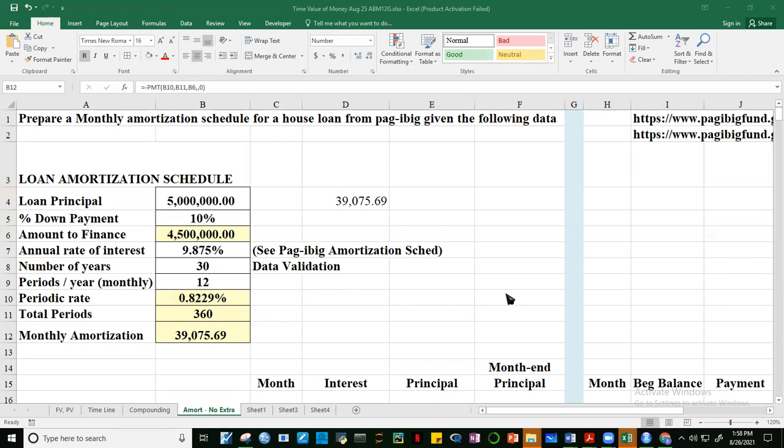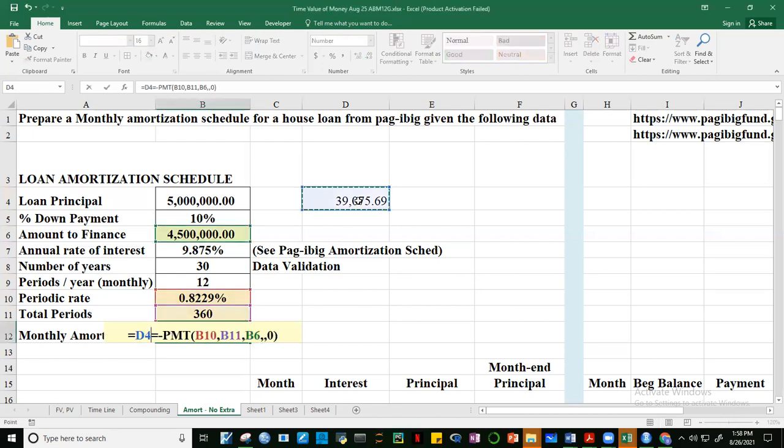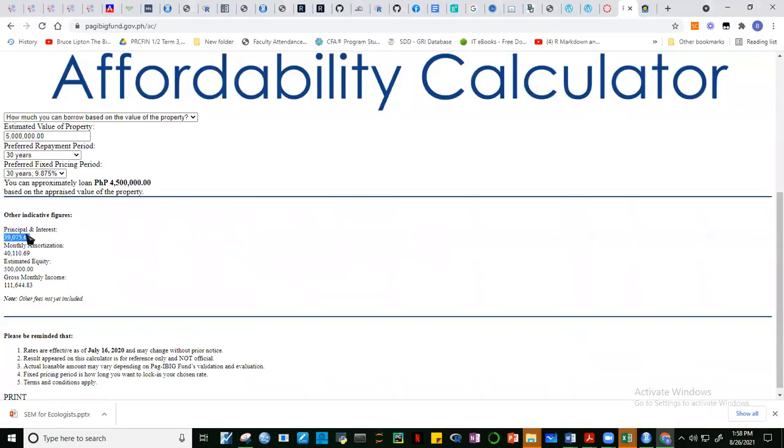What did you notice, guys? Hindi ba pareho siya dito? 39,075. Diba? So it's the same as yung nakita natin sa Pag-IBIG calculator ito. 39,075.69.